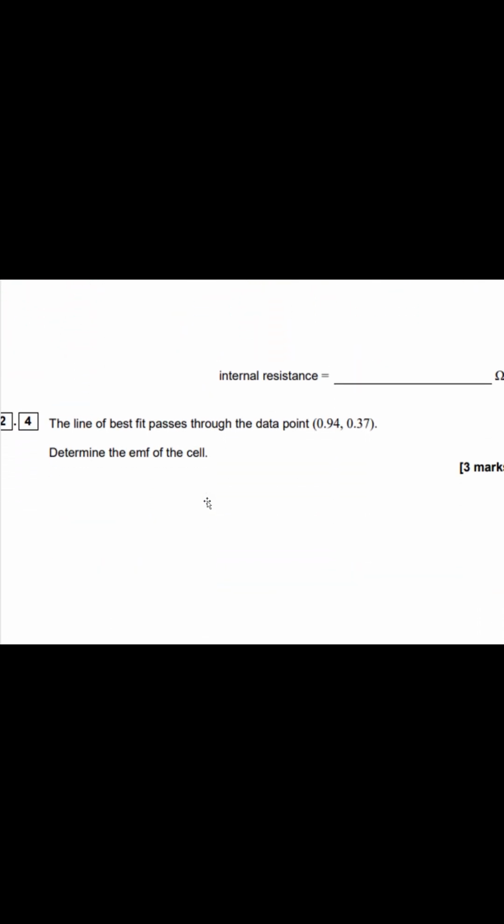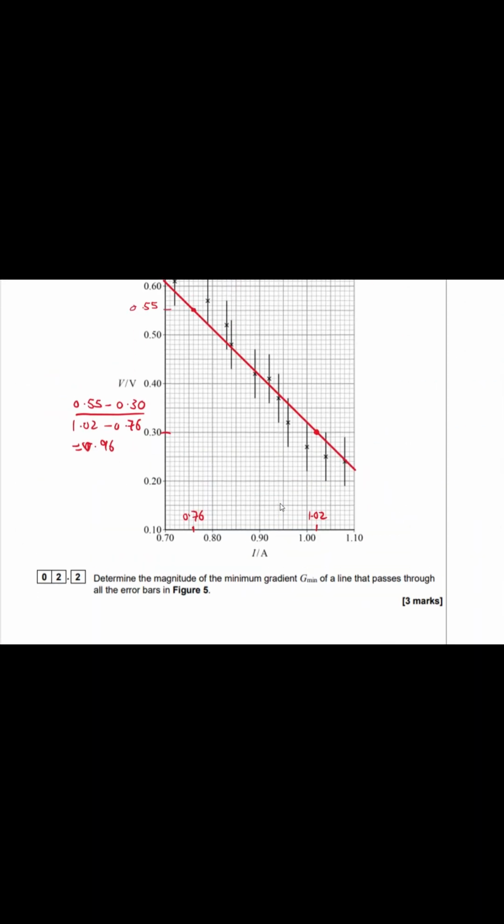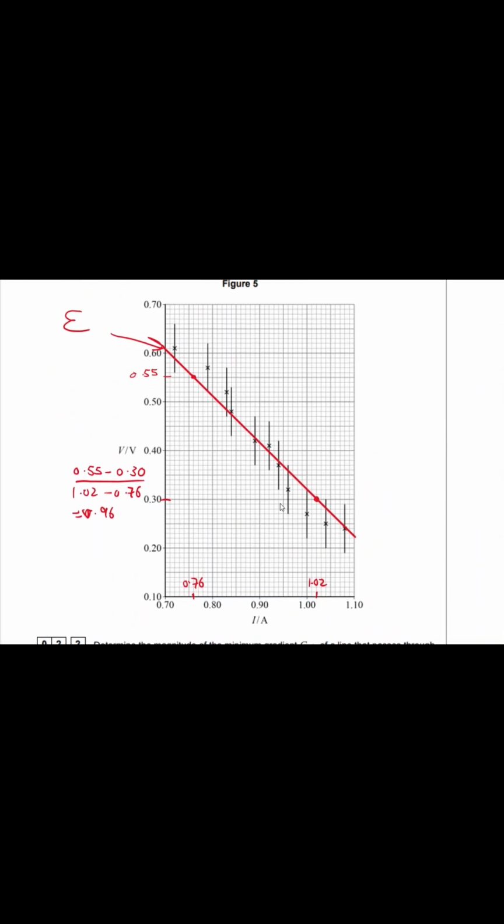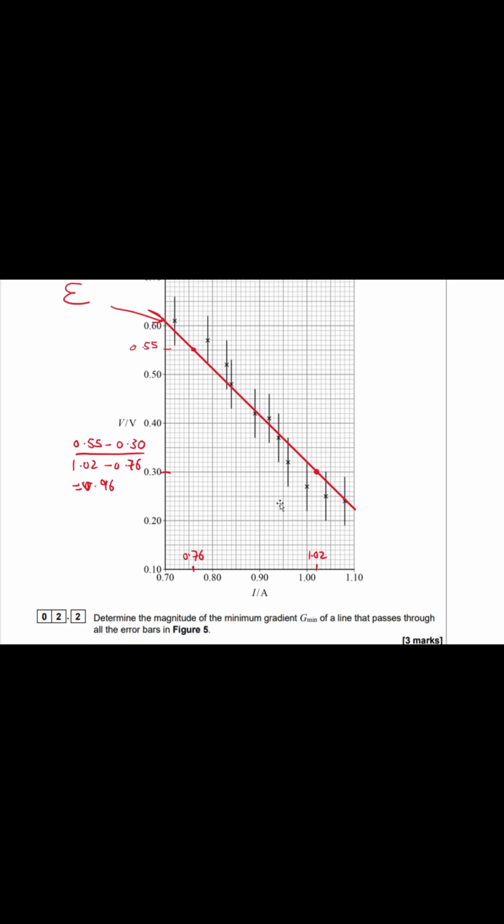The line of best fit passes through the points 0.94, 0.37. Determine the EMF of the cell. So what we've got, E is equal to V plus IR. You just worked out R to be 1.1. Which one's which, actually? 0.94, 0.37.